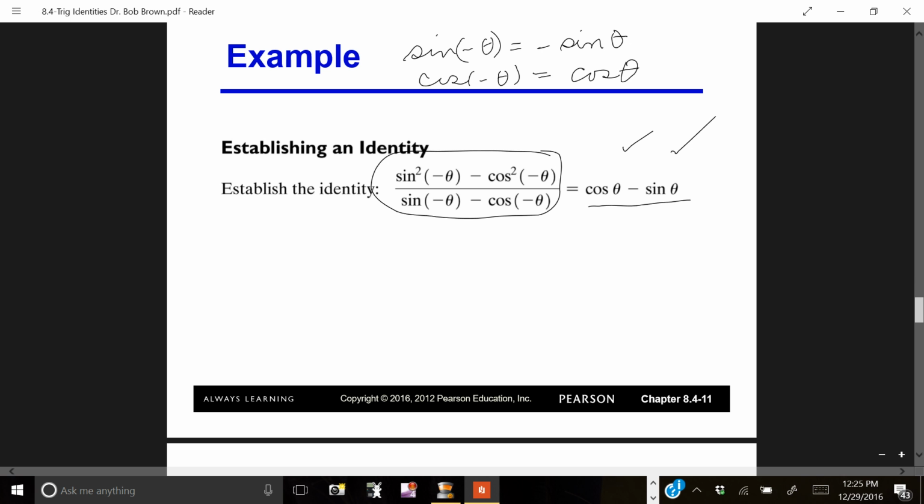So now, plugging this into the left side, sine of minus theta is minus sine of theta times sine of minus theta again, which is equal to minus sine of theta.